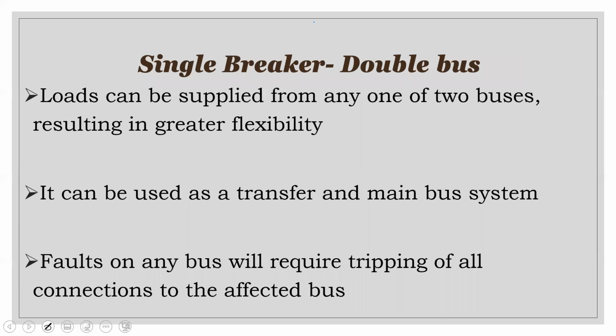Next, single breaker, double bus. So now we're getting into where some important people live in the community that we are doing the design for. So now we have a double bus, single breaker.